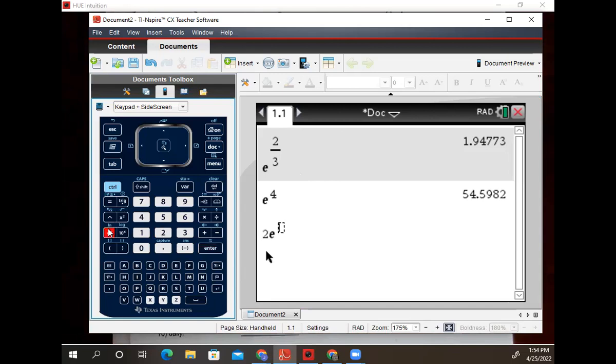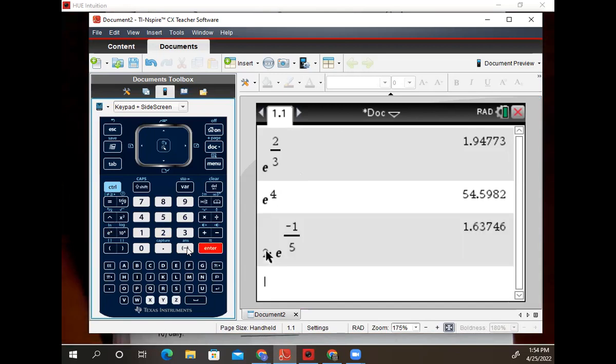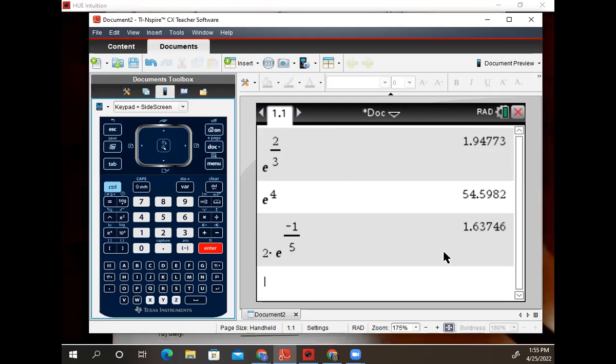So 2e, don't forget to use your negative, to the negative 1/5. Okay. And I get 1.637 if I round to 3 decimal places. So E key right over here on our calculator if we need to evaluate things with E.